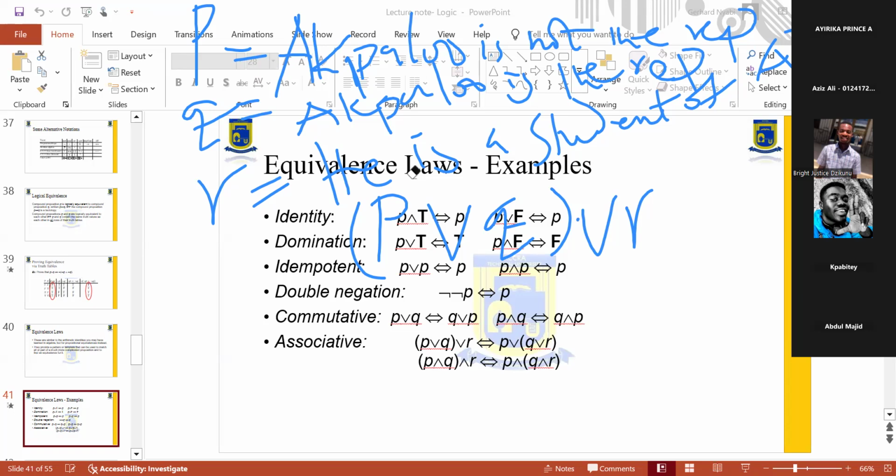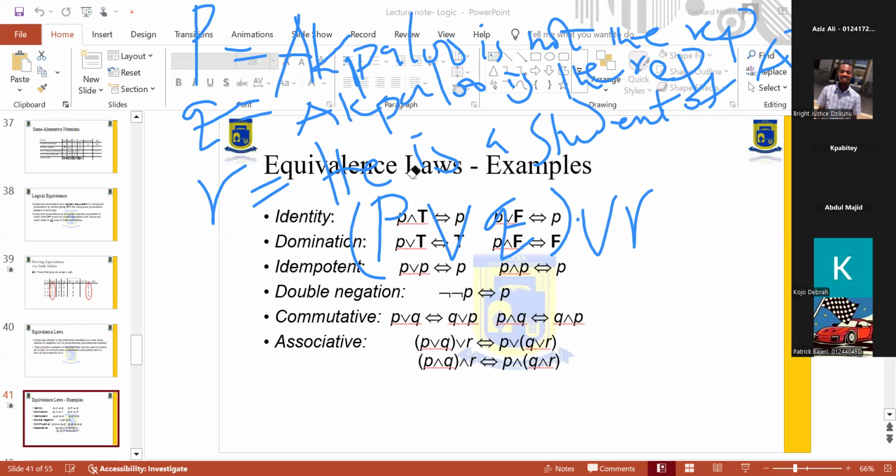Please, I also understand it this way. With the P or Q, I can say Akpalu may be the rep, or Akpalu is a student of ATU.